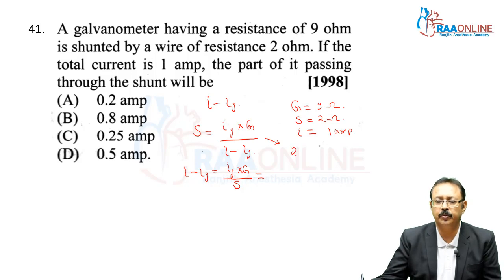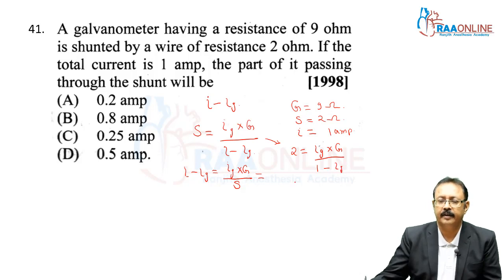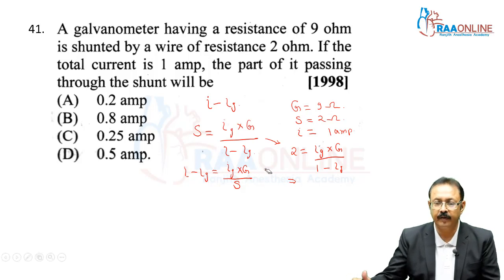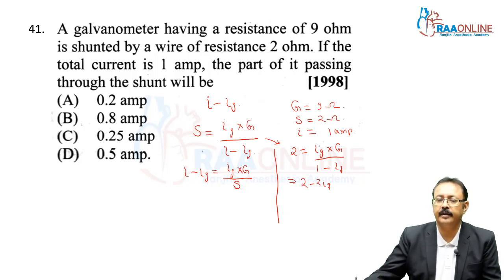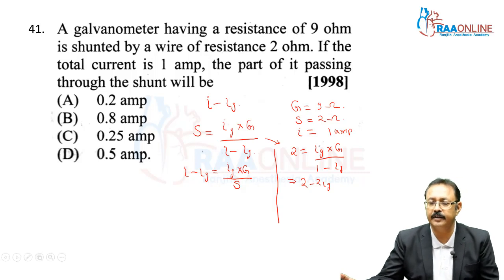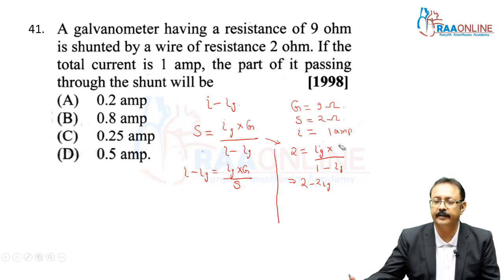S means 2, Ig into G, G means 9, I means 1 minus Ig. Means we are getting 2 minus 2 Ig, and it is 9, G, it is given 9.